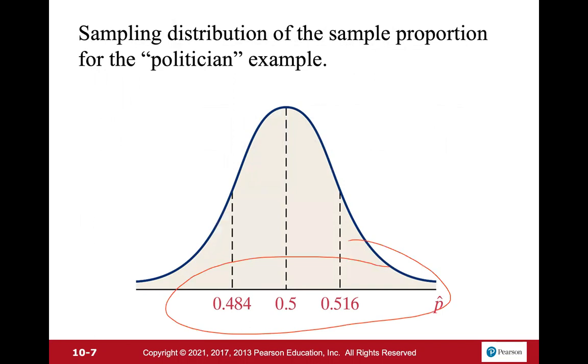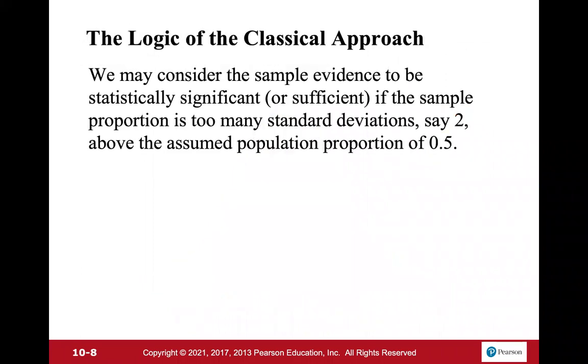So this is what we believe to be true. But what we're going to do is test whether it's true, whether we might need some more data, or whether we have to conclude something different.